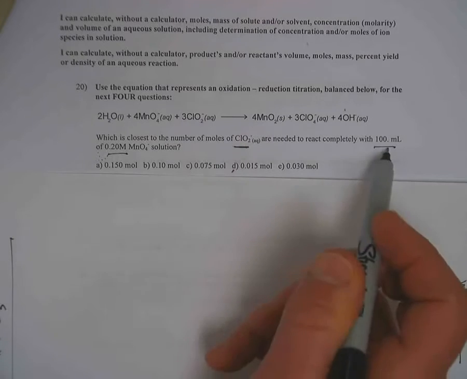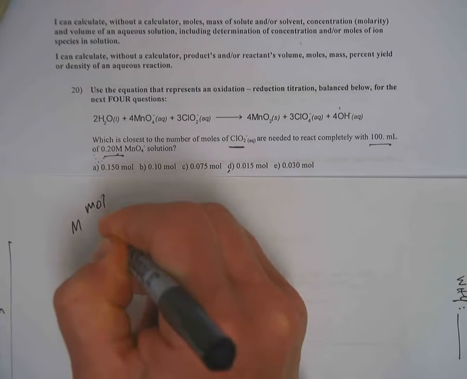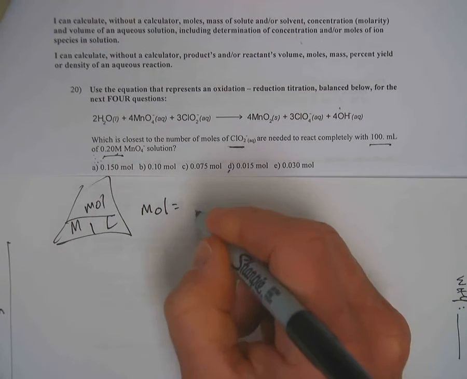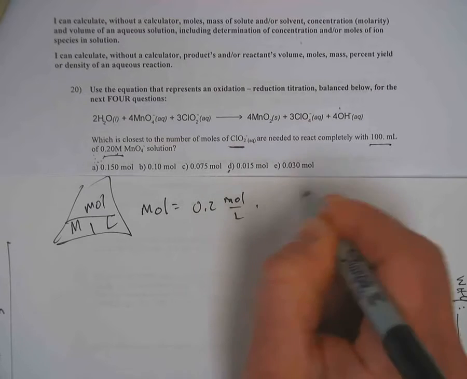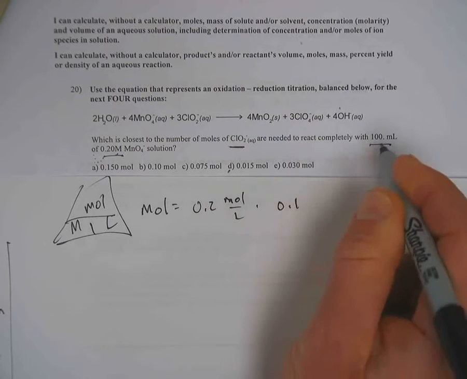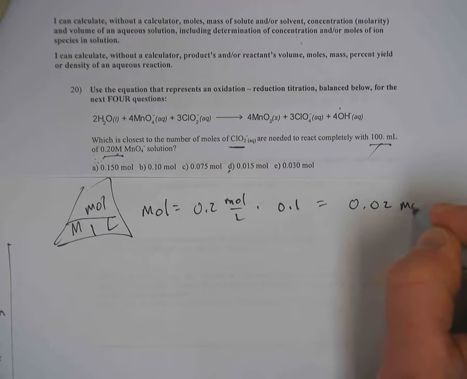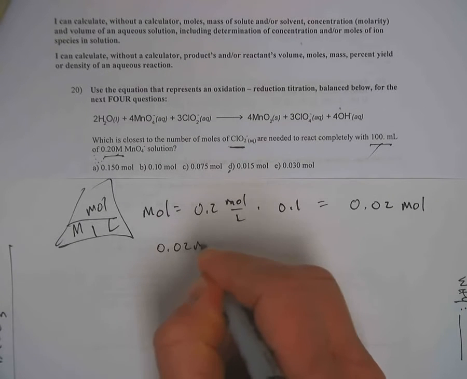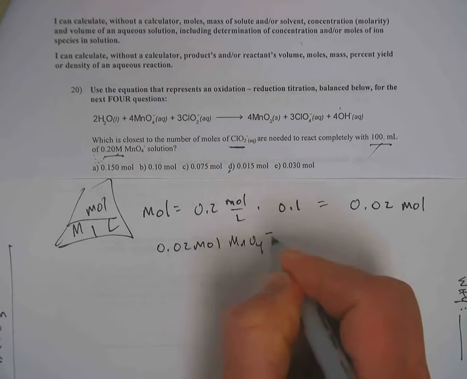In this case, they give you the molarity and the volume. So using the molarity triangle, you can convert to moles. Moles are equal to 0.2 molar, moles per liter, times 0.1 liters, because that's what 100 milliliters is, which gives you 0.02 moles. And then this 0.02 moles, remember, is of MnO4 minus solution.